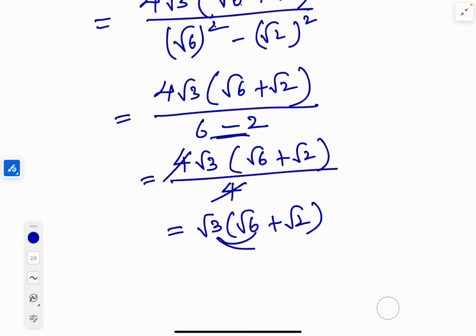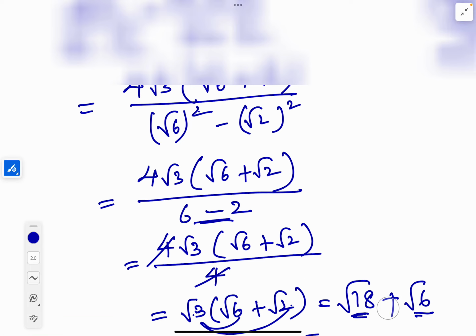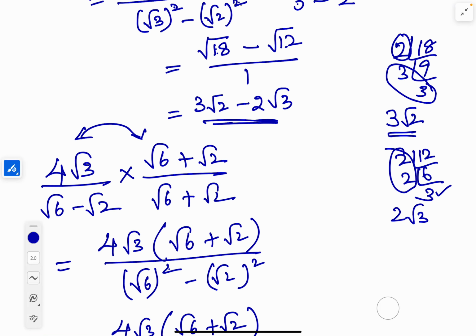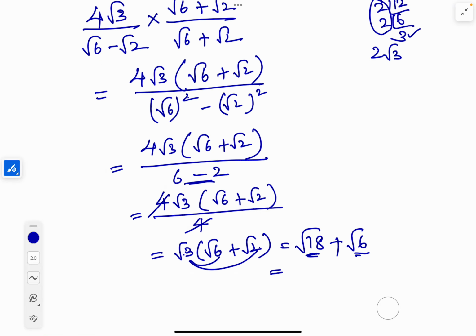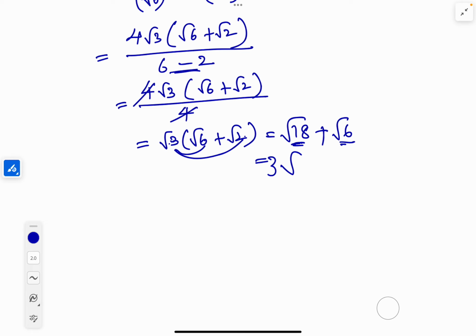Now try to simplify this. What is root 3 into root 6? It is root 18 plus root 3 into root 2 is root 6. We have already written root 18 in simplest form. It is 3 root 2. So it is 3 root 2 plus root 6 as it is.